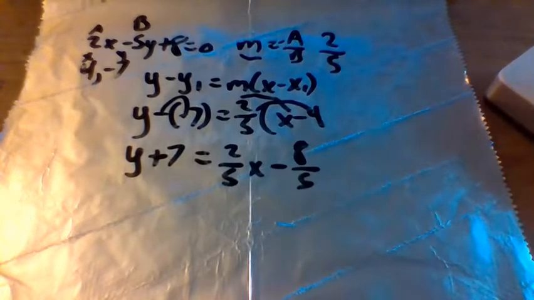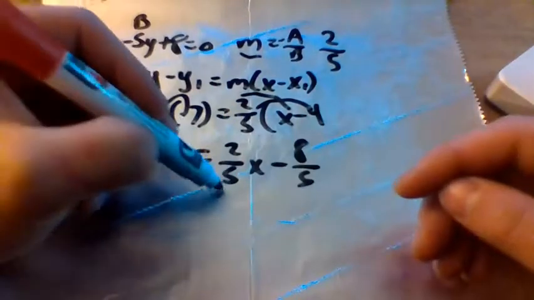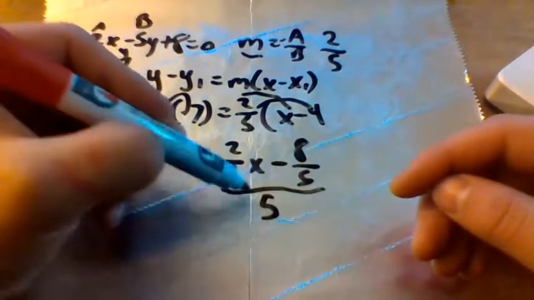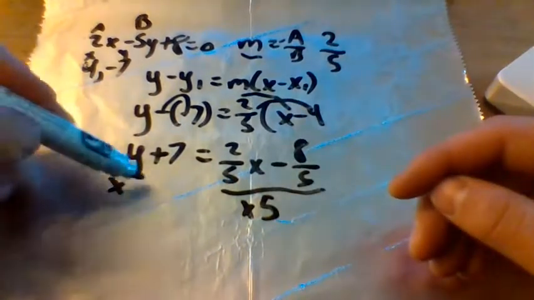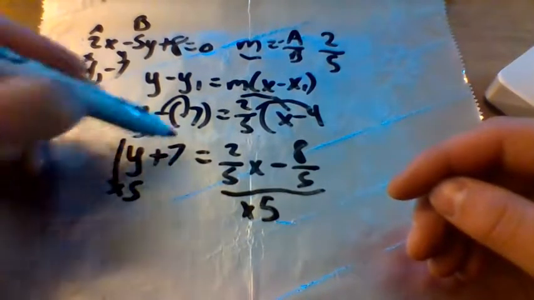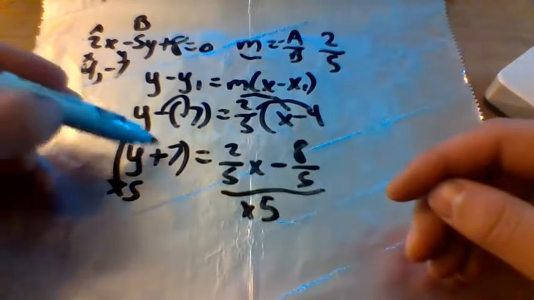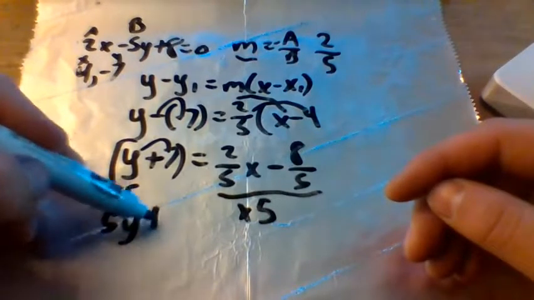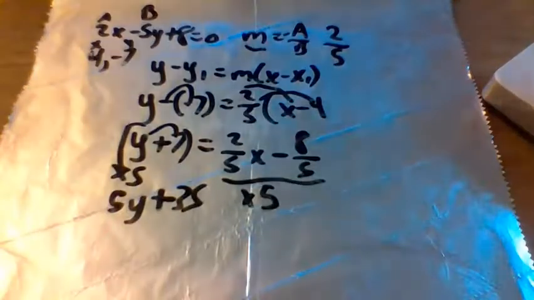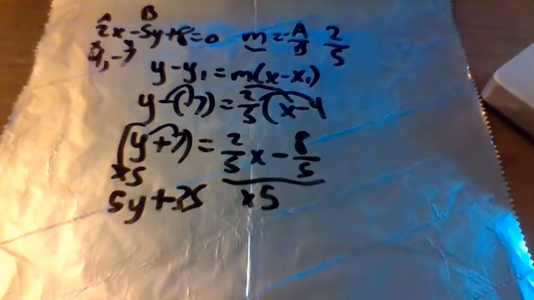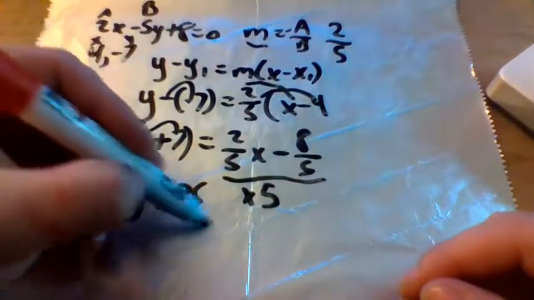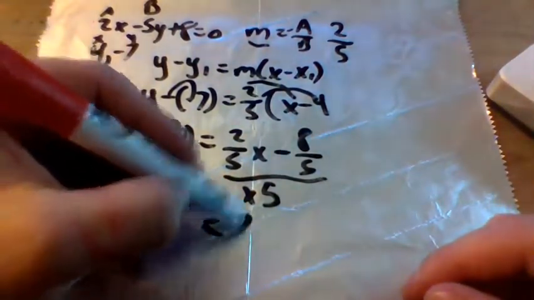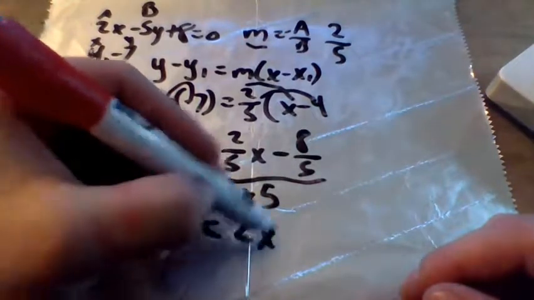And then what you would want to do is get rid of the fraction on this side by multiplying by 5. And then you distribute it through this. So it'd be 5y plus 35 equals 2x minus 8.